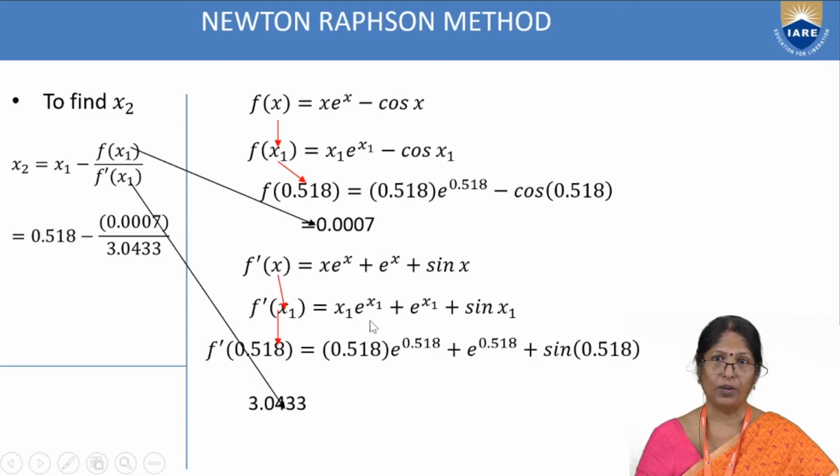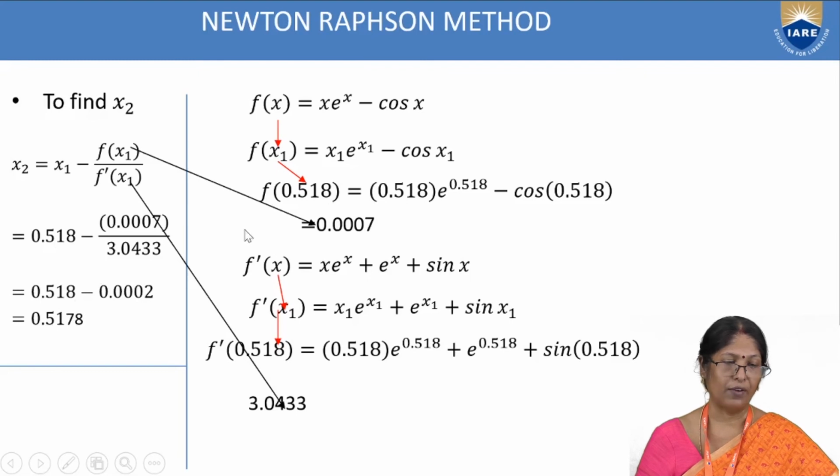So these two values we substituted, and we know x1, it's already derived, 0.518. So substituting, we got 0.5178. So x2 is nothing but 0.5178. We got it.